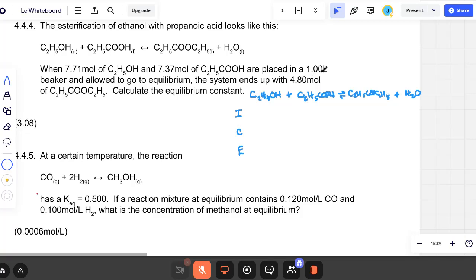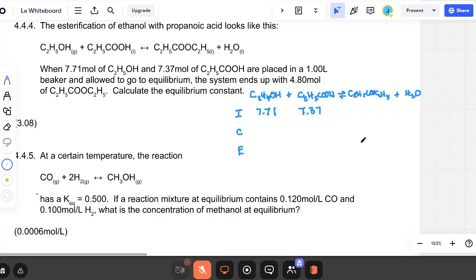Okay, 1 liter beaker, wonderful. We don't have to calculate different concentrations. They say 7.71 moles of ethanol went in here, and 7.37 of propanoic acid. And allowed to go to equilibrium, the system ends up with 4.80 moles of ethyl propanoate.